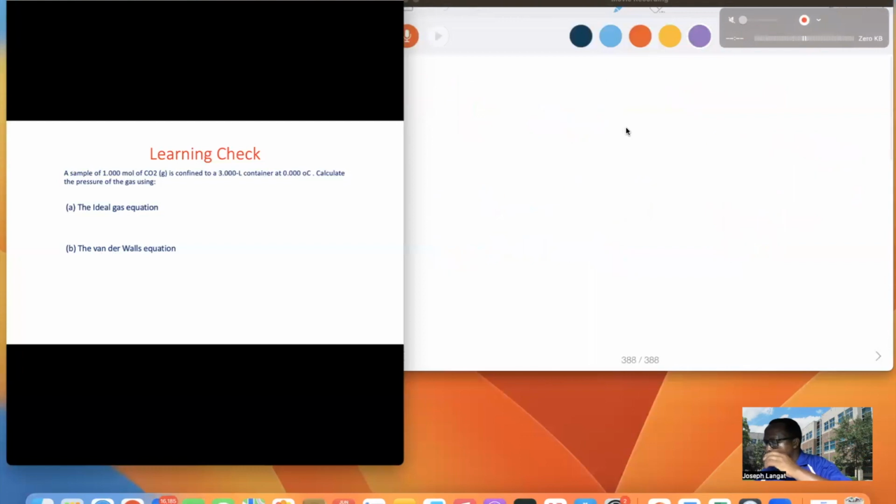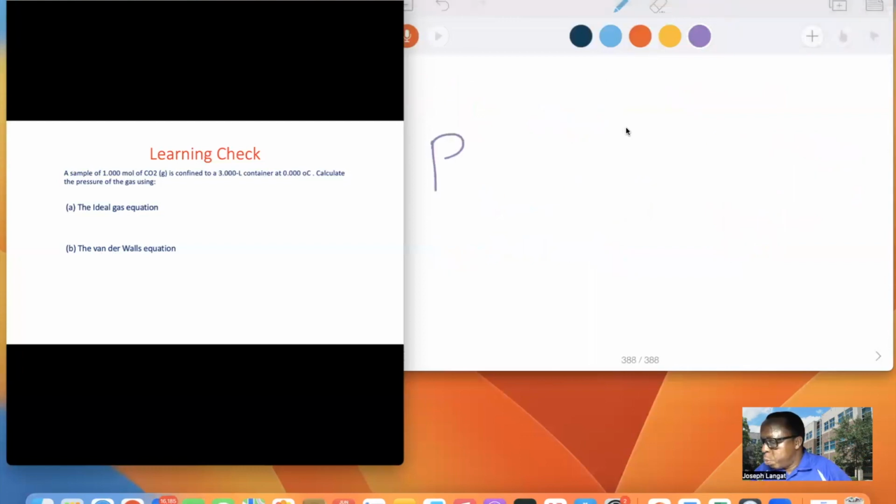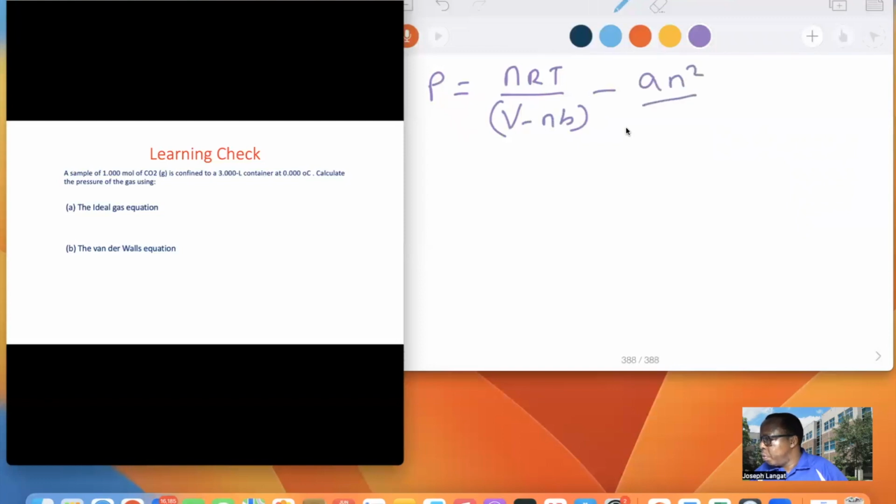Making pressure the subject of the formula, pressure equals nRT over V minus nb, minus a n squared over V squared.